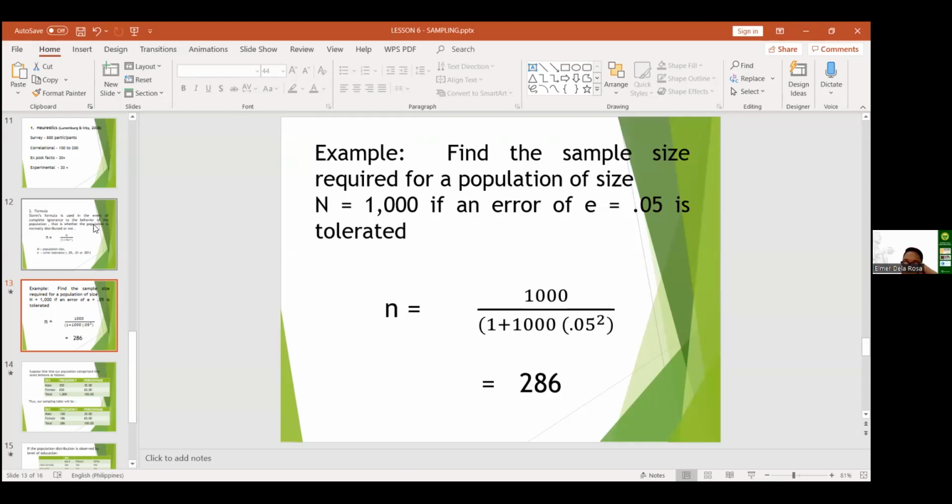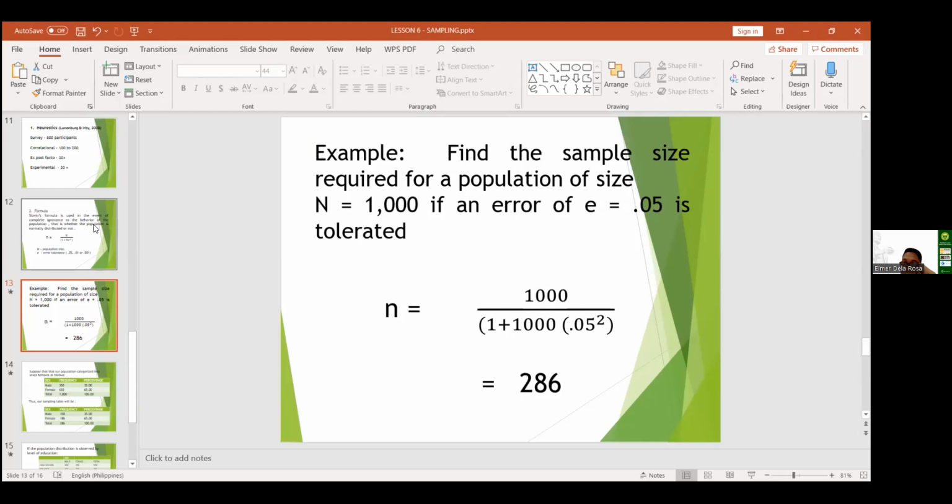What if the error is 1% or 0.01? 909.09 or 900, 909. Ilan? 909 po. Ang dami na, di ba? From 286, naging 900. Konti na lang ang hindi kasali.